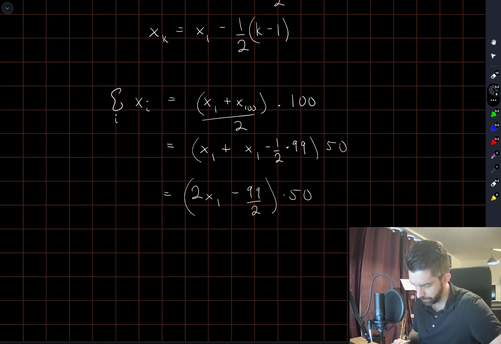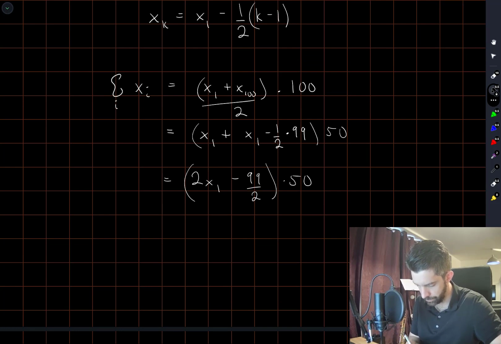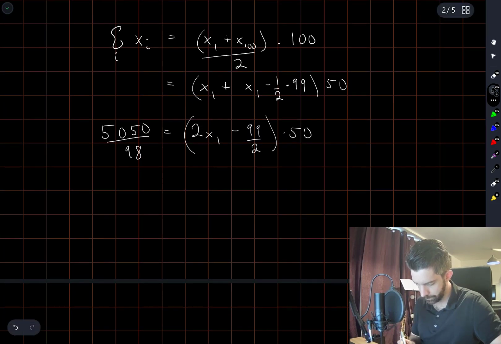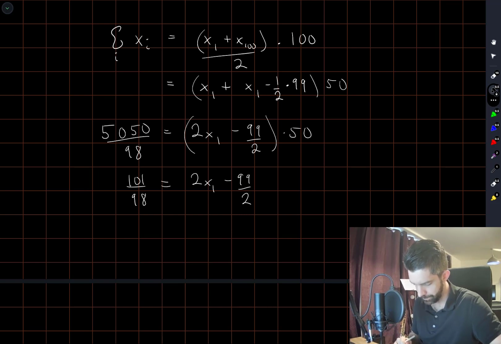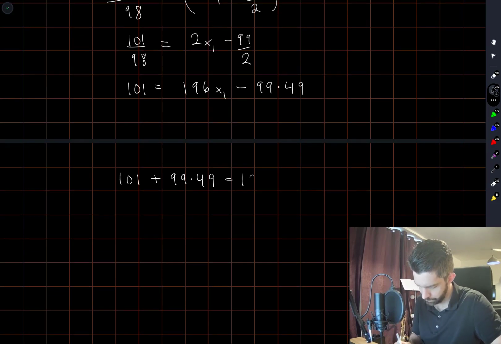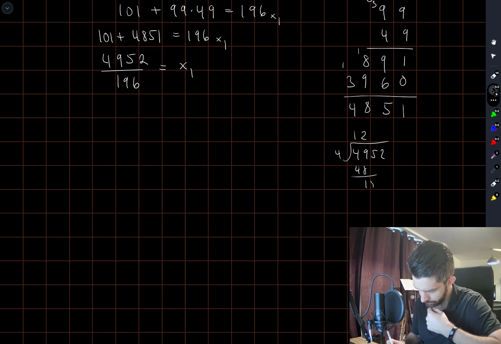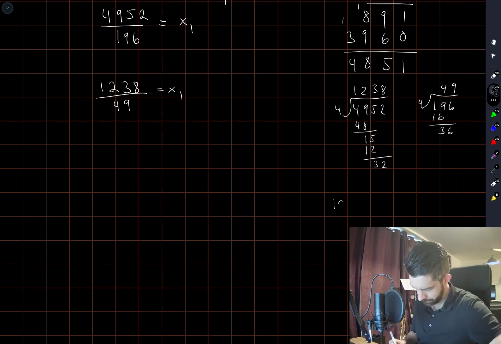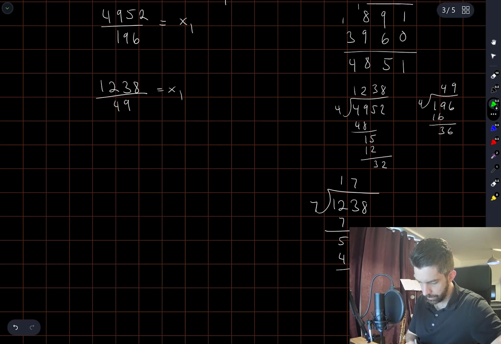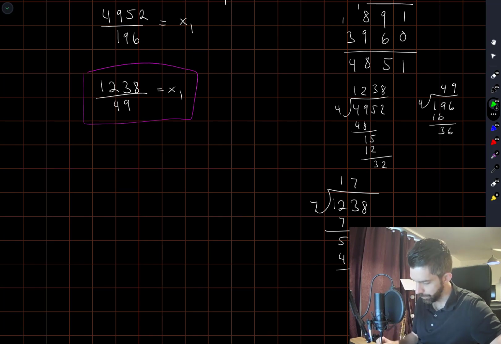Okay, so that's the sum of all the terms, and we know that this is equal to 50 divided by 98. So I have 101 over 98 is equal to 2 x1 minus 99 over 2. Okay, so this gives us x1, and I believe this is in reduced form, right?